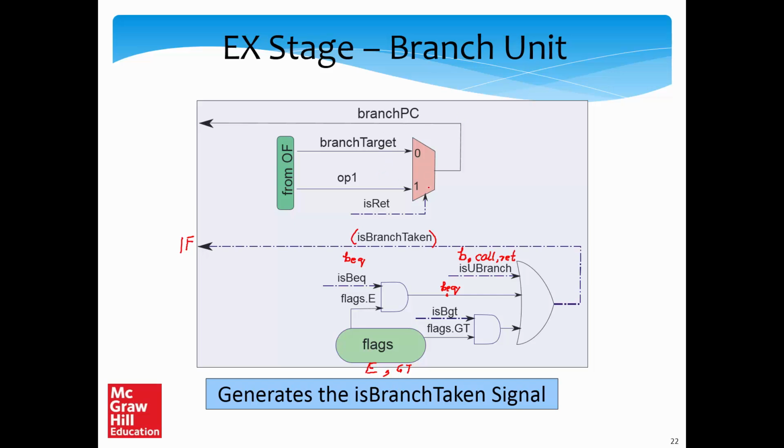Now let's take a look at this multiplexer over here. Let's assume an isRet signal, which is again generated by the control unit, which says if an instruction is a return or not. If an instruction is of type return, then we use OP1 as the branch PC. Branch PC can be thought of as the branch target, the target of the branch where you are branching to.